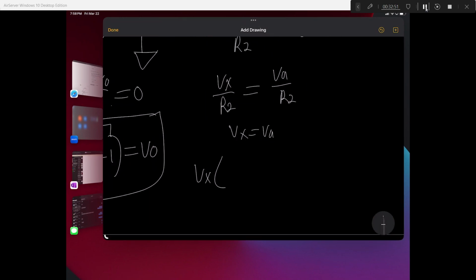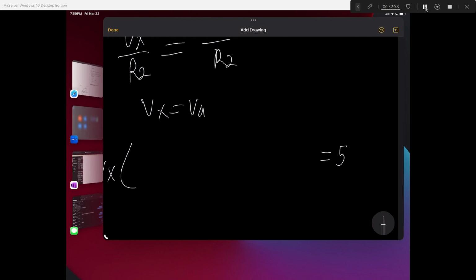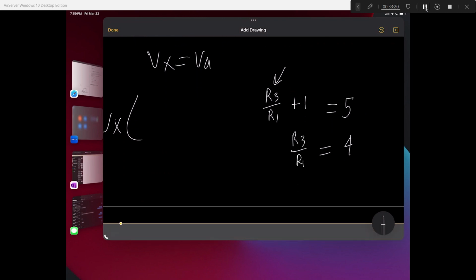So we could say 5, which is M, is equal to R3 over R1 plus 1. We know R3, so we just solve for R1. Subtract that 1 over, and we'll get 4. Then swap the 4 and the R1, and we'll get R3 over 4 is equal to R1.